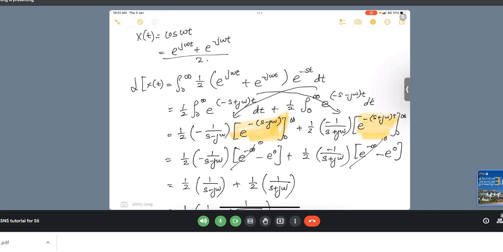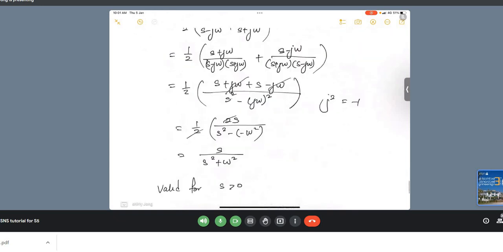You test if s minus j omega is more than 0 or less than 0. Okay, then only you can proceed. But less than 0, you will get infinity. Okay?